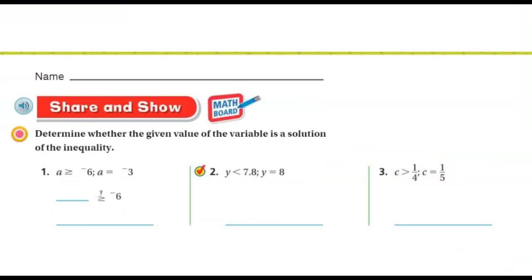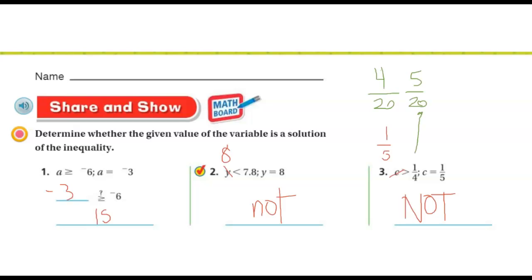Pause the video here and go ahead and complete the share and show in your book, and then revisit this for the answers. Determine whether the given value of the variable is a solution of the inequality. So you'll say it is a solution or not a solution.